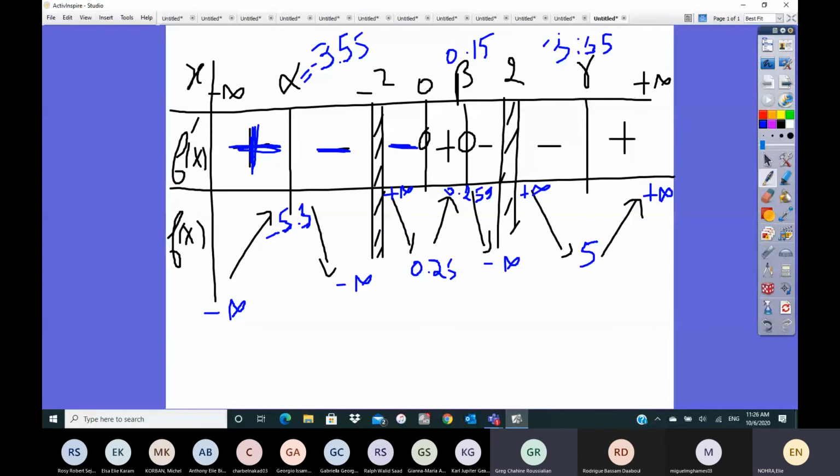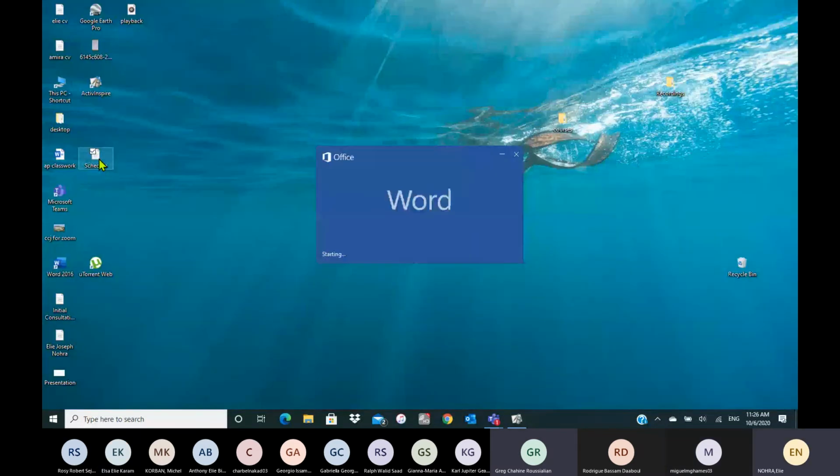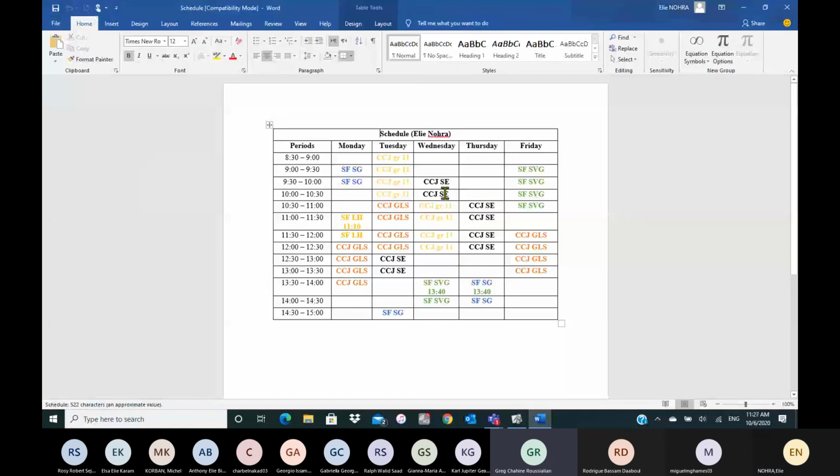And this is the table you should have. Of course, it's hectic, but we have to. (0.259 minus infinity).